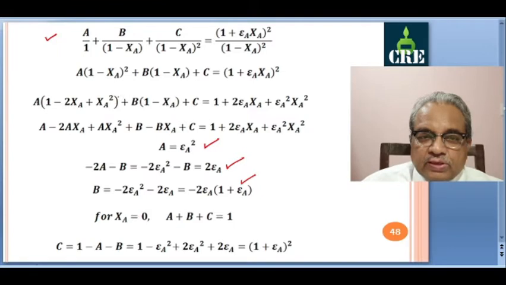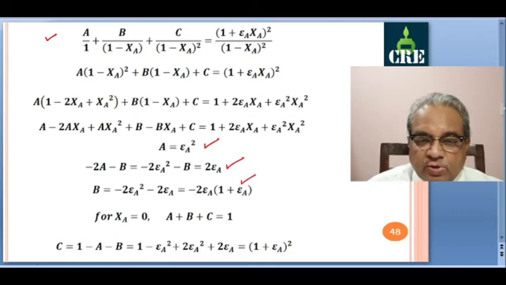Now if you substitute XA equal to 0 in this term, what you get is A plus B plus C is equal to 1, and from this you get C as 1 minus A minus B. So 1 minus A is epsilon squared, B is minus 2 epsilon A (1 plus epsilon A).